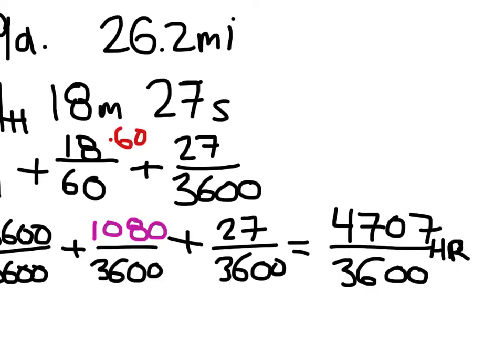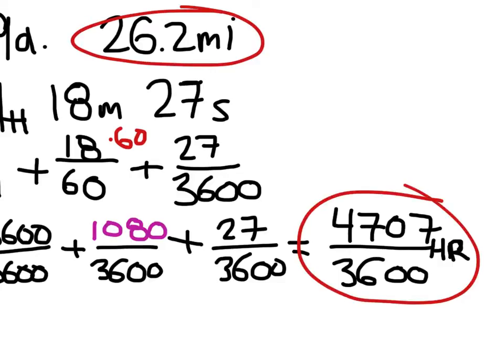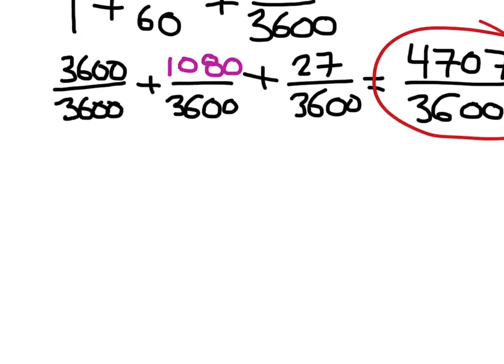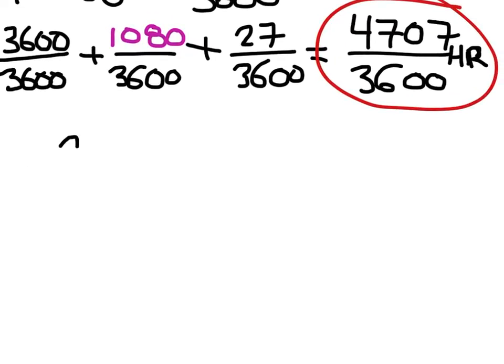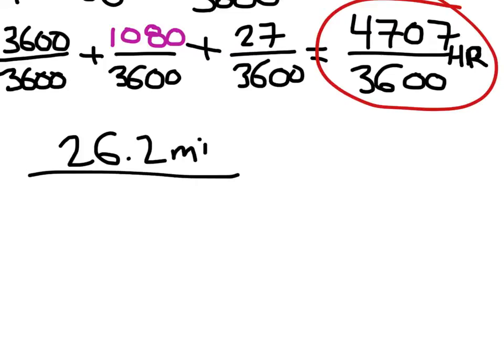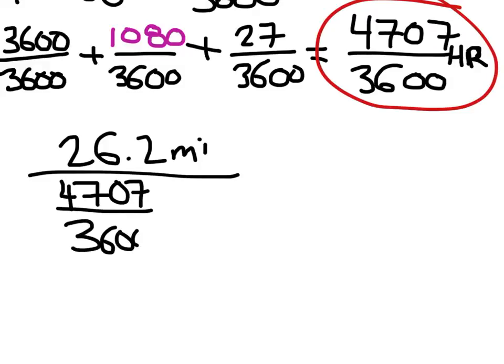So this is in hours, and what we want is miles per hour. So you're going to take your 26.2 miles and divide it by 4707 over 3,600.